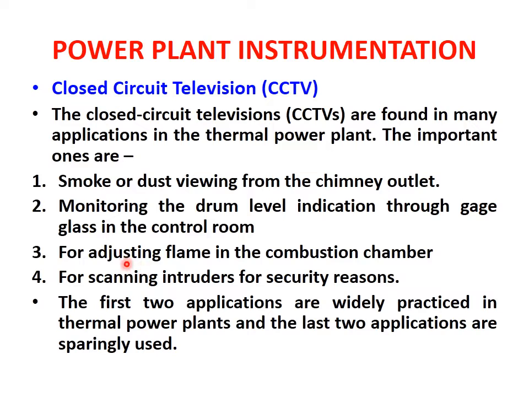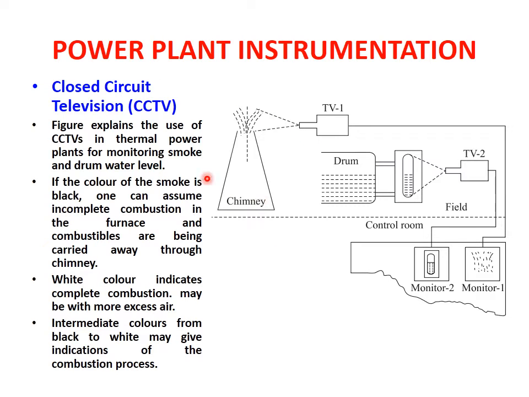For adjusting the flame in the combustion chamber, CCTV is also required. The CCTV will give the signal, and if the flame intensity is lower or higher, we can adjust accordingly. For scanning intruders for security reasons, CCTVs are also employed. The first two applications are widely practiced in thermal power plants, and the last two applications are sparingly used.